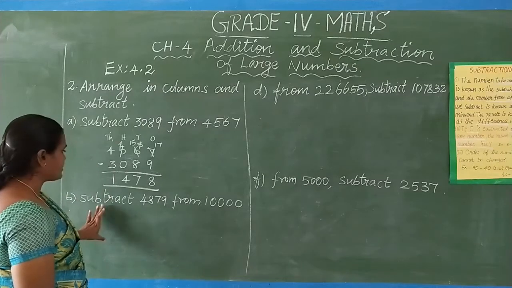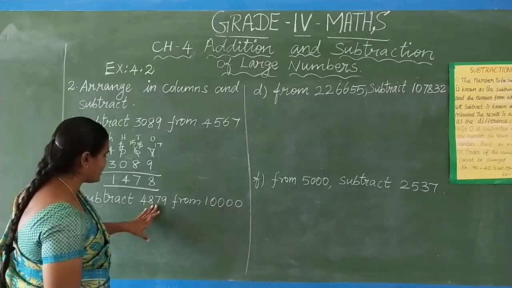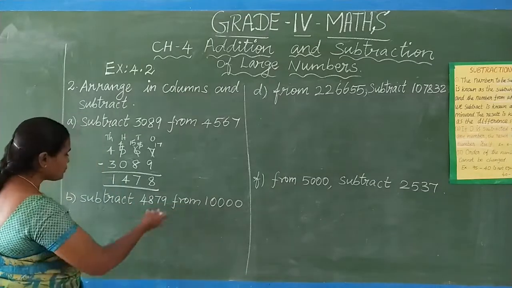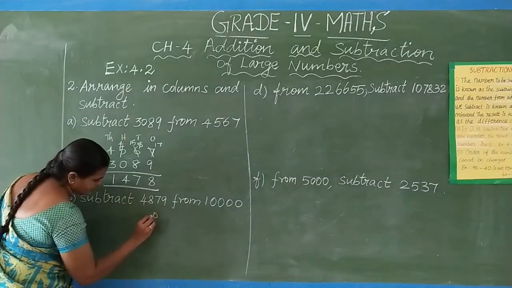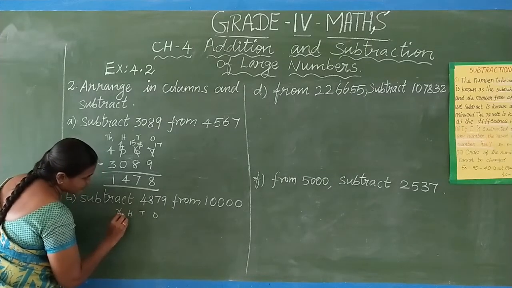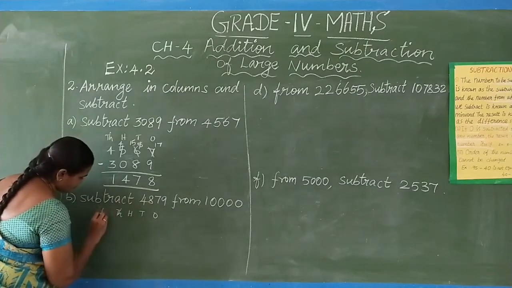B sum. Subtract 4817 from 10,000. So write the places: ones, tens, hundreds, thousands. Because this one is 10,000.